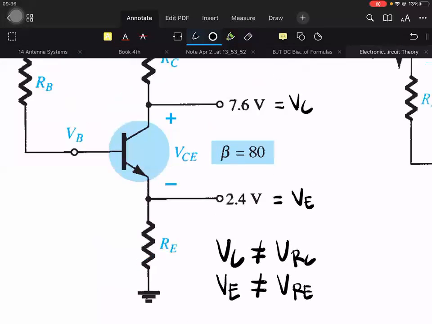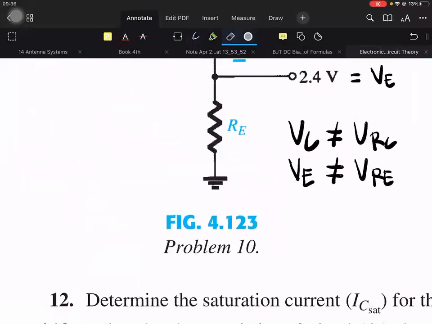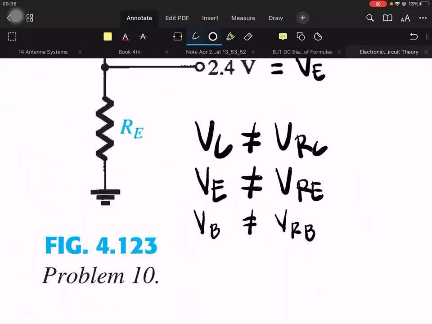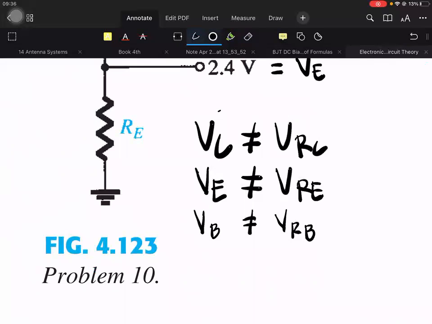Same with VB. VB is not equal to the voltage across RB. So let's put a caution here: VB is not equal to VRB. The ones on the left are the voltages obtained if we measure from the ground to each terminal, whereas the others are the voltages across the resistors.